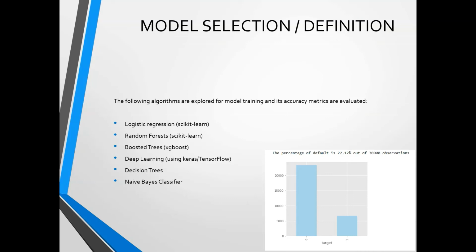So there are only two outcomes based on which the prediction algorithm is supposed to make a prediction: whether the customer will default or the customer will not default. The algorithms that we have used are logistic regression, random forest, boosted trees, deep learning using Keras and TensorFlow, decision trees, and a naive Bayes classifier.